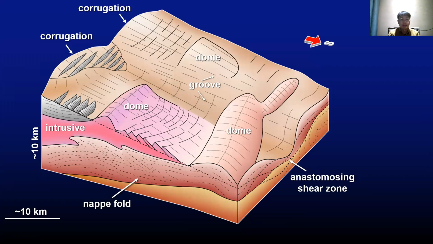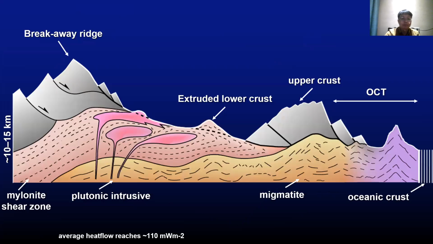It shows the corrugations, the loops on the detachment fault, and the intrusives that in some places form the dome structures, and the nappe folds below the detachment fault. In the nappe folds, the stratification is mainly made up of the migmatite layers.